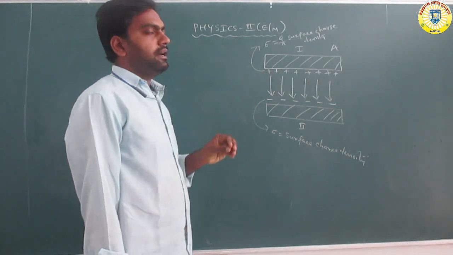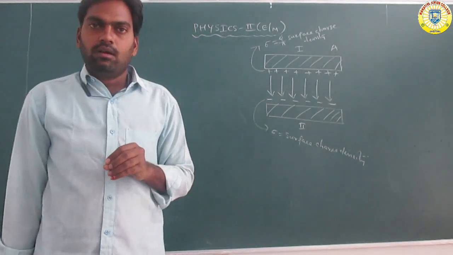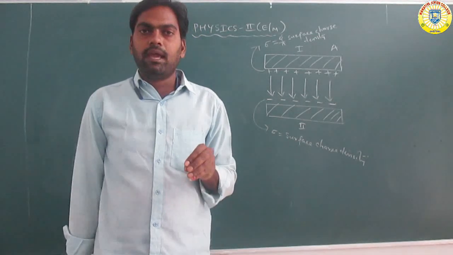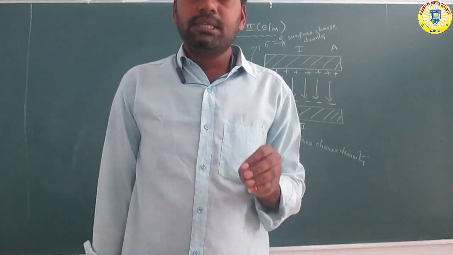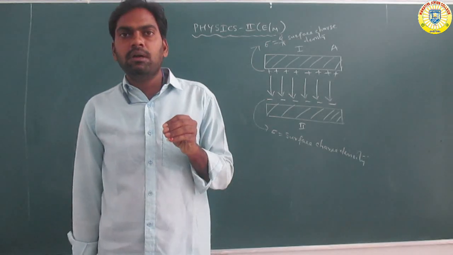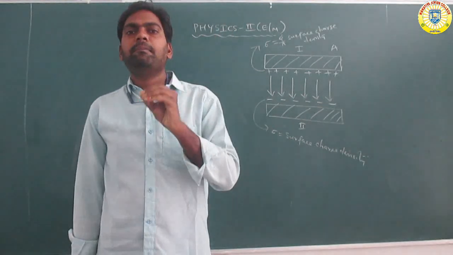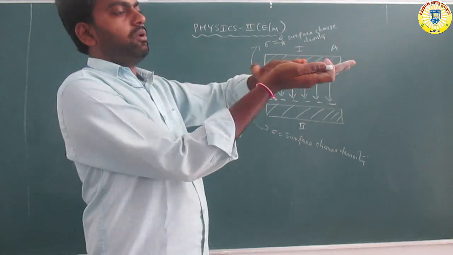So the electric field lines pass from positive to negative, and these two plates are conducting and parallel. Now to find the capacitance of the two parallel conducting plates: this is total positive and this is total negative.